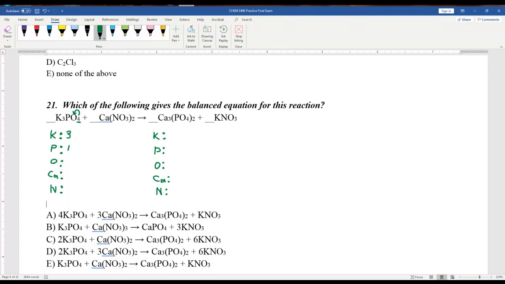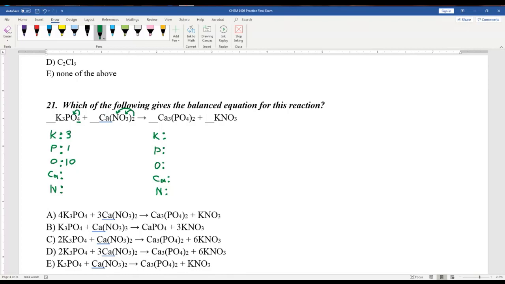So how many oxygens? 4. This is the tricky one, because you have to look at both compounds. 10, right? Yeah, and this 2 outside the parentheses has to get multiplied by both things that are inside the parentheses. So 2 times 3 is 6, plus 4 is 10 oxygen.